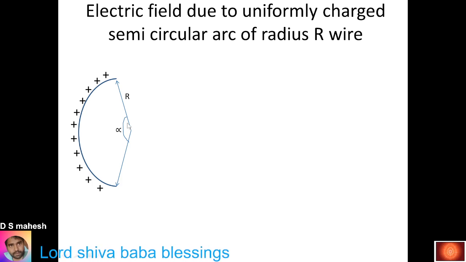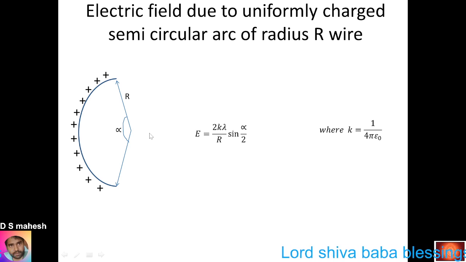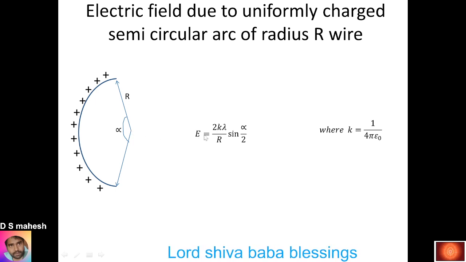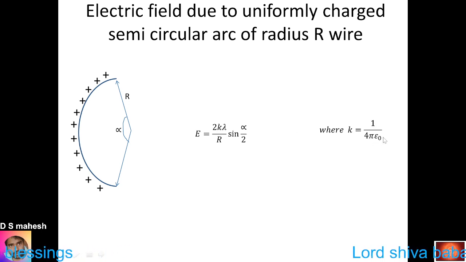So if you look over here, this arc has made a degree of alpha. So then what will be the electric field intensity? So it is given by electric field intensity at this location is given by 2k lambda by r into sine alpha by 2. So now you know that k is nothing but 1 divided by 4 pi epsilon naught.